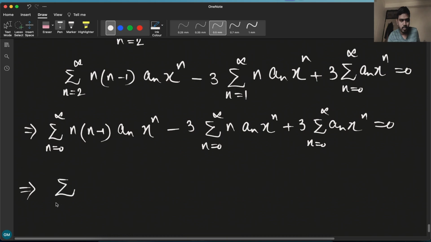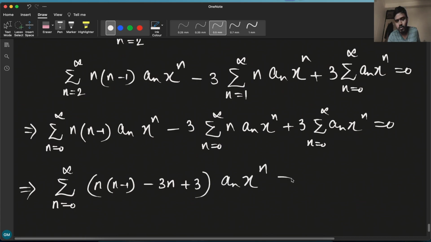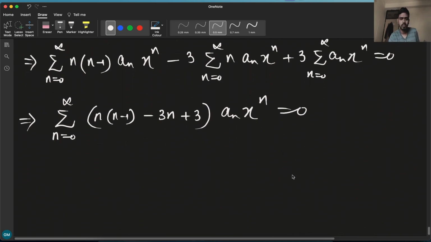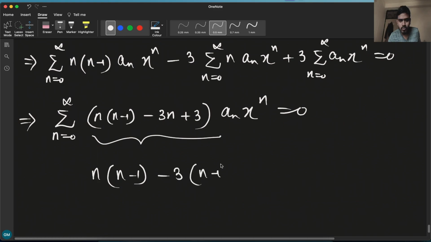So in that case, I can put them together, and what we have is basically n times n minus 1 minus 3n plus 3 times an x to the power n equals 0, which says the coefficient of x to the power n is 0. That means n times n minus 1 minus 3 times n minus 1 times an equals 0.